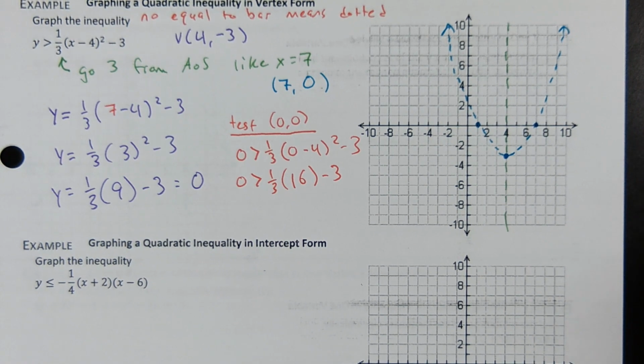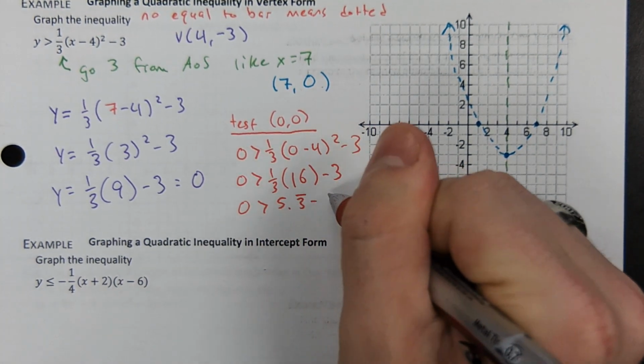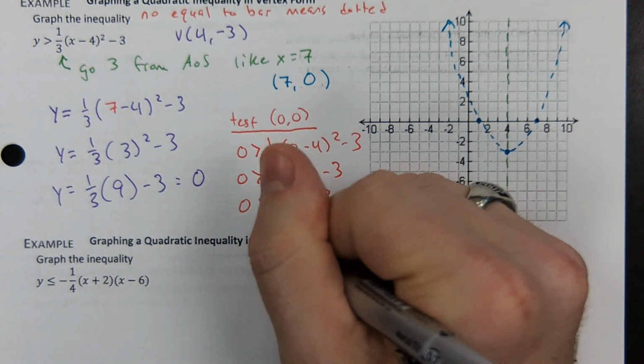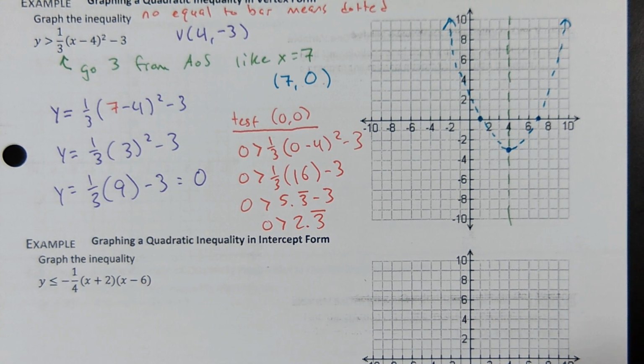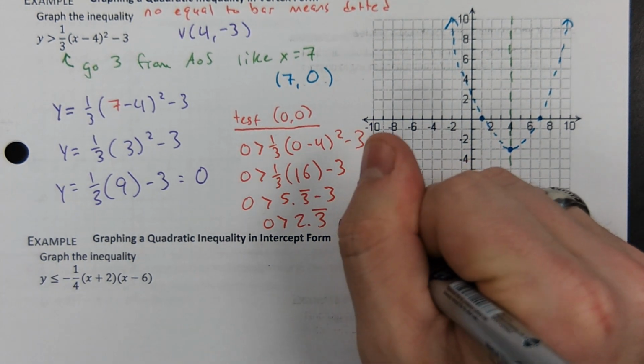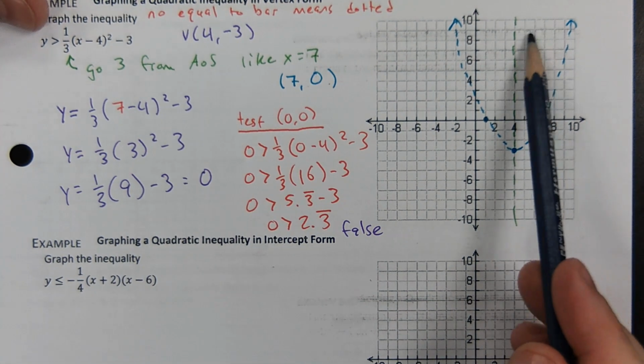Now, because I'm just checking for true or false, decimals are fine. 5.3 repeating minus 3 is 2.3 repeating. Is 0 greater than 2.3 repeating? No, goodness no. This is a false statement, which means 0, 0 is not shaded. And since 0, 0 is outside of the curve, nothing on the outside of the curve is shaded. That means the inside is shaded.